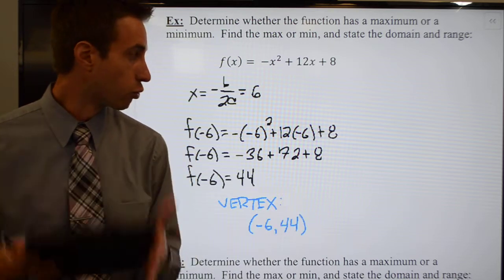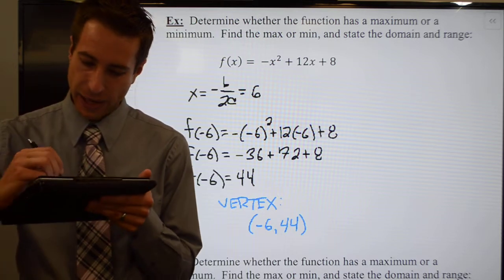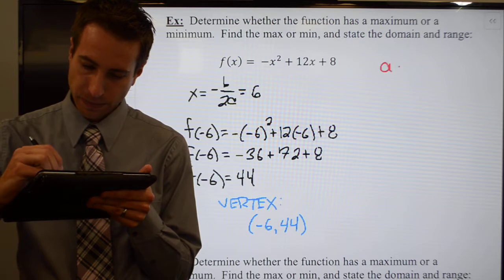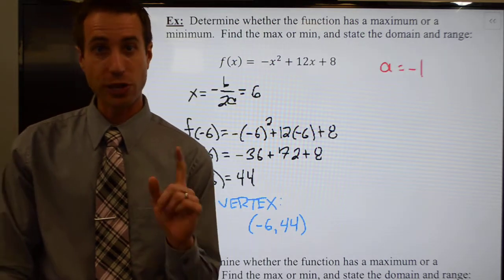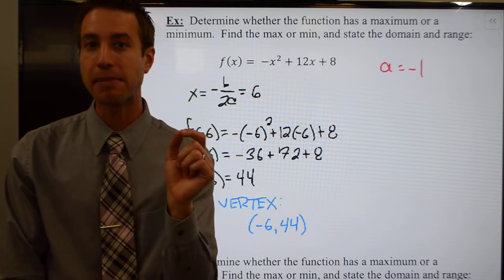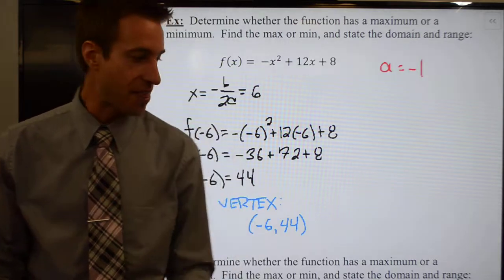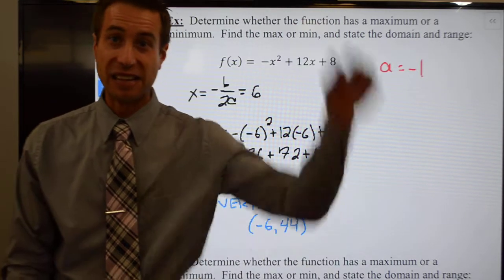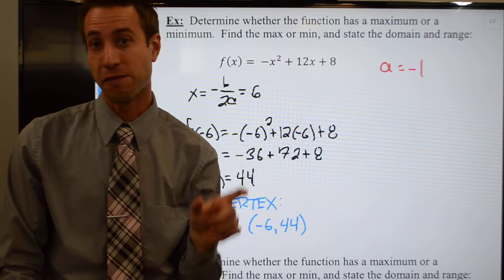Okay, great. Well, now here we go. My a value, a is equal to a negative 1. Remember, when my leading coefficient, my a, is negative, that means that my graph opens down. It'll be a parabola opening down. That makes my vertex the highest point, because I would start at my vertex and go down from there.